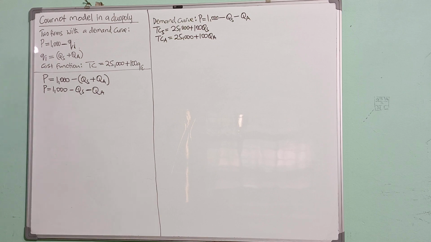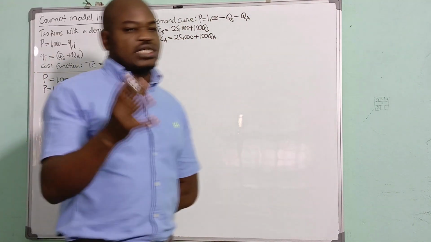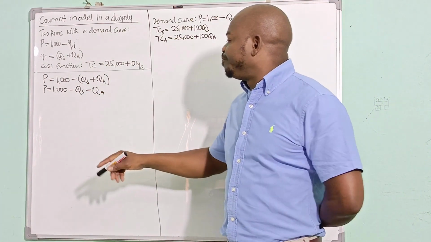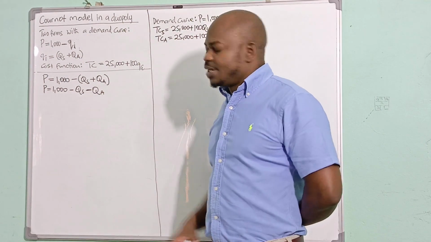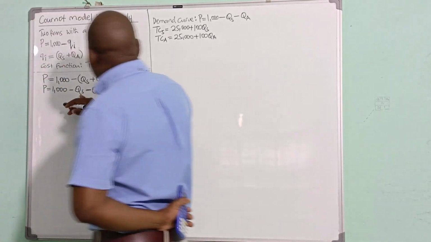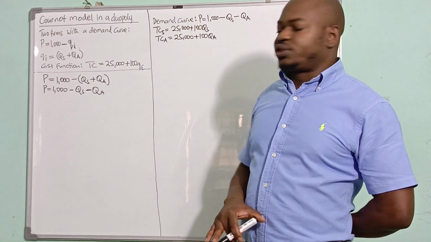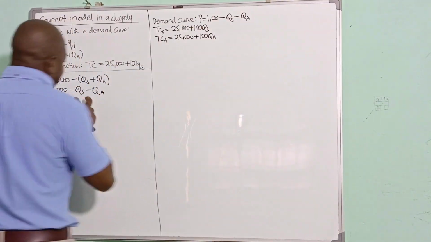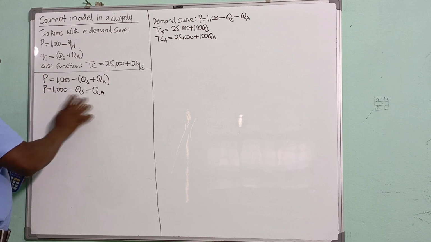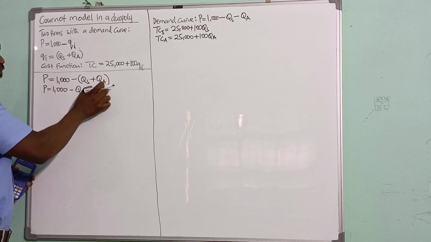What am I supposed to do? I'm supposed first to find what we call the reaction function for firm S. We're going to say that the products are identical in nature, but this firm will produce that quantity and this firm will produce that quantity.